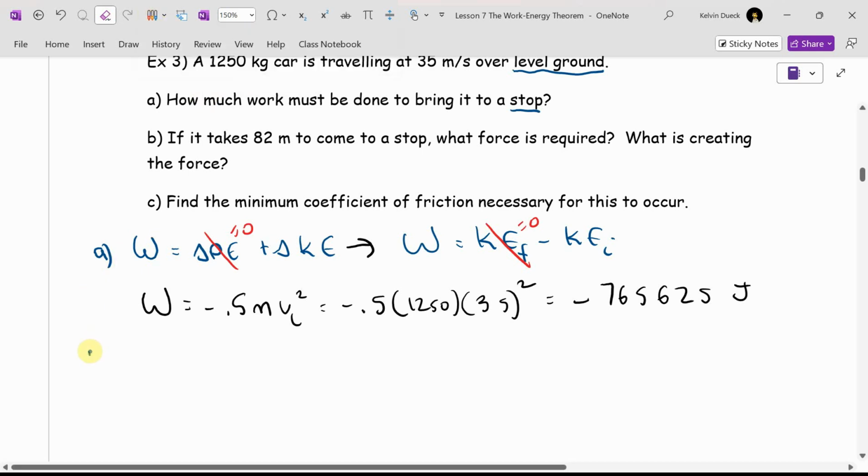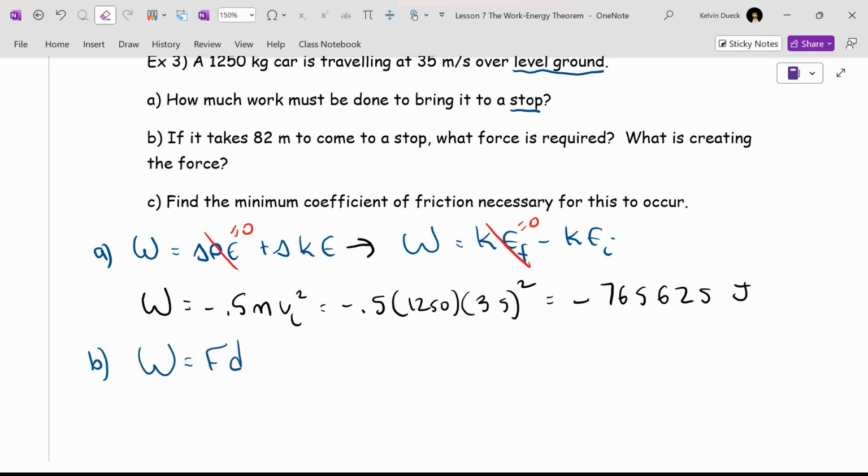B. Jacob, what's B want me to find? Force. What did I find in part A? There isn't by chance a version of work that has force in it, is there? Work equals force times distance.